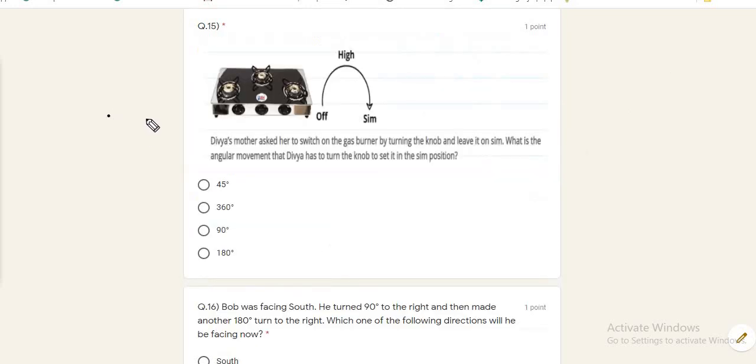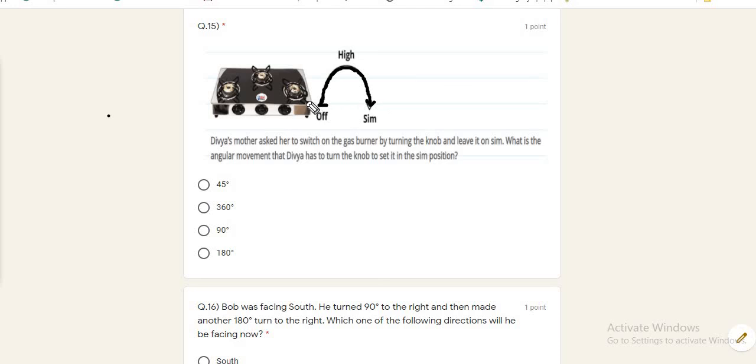Question 15. Divya's mother asked her to switch on the gas by turning the knob and leave it to sim. What is the angular measurement Divya has to turn the knob to set it in the sim position? As we know, from on position to sim, Divya has to come back to the same position.